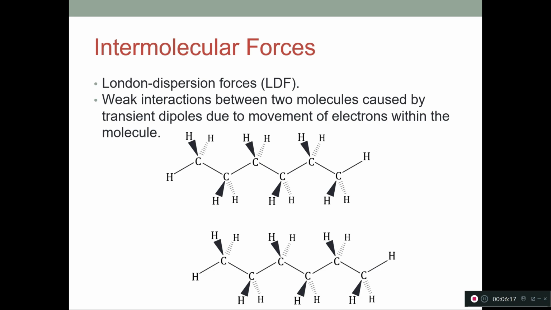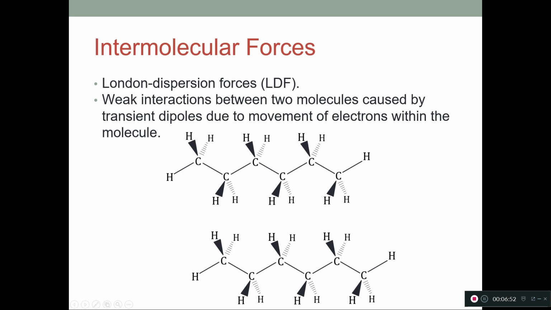But if we have a very small difference in the electronegativity, we have the electron moving around, but just because of sort of probabilistic things, the electron might end up spending a little bit more time around, say, the carbon instead of the hydrogen, which would create a transient, meaning very short-lived dipole at the hydrogen, and say on the other one we then have the hydrogen have a transient negative charge.